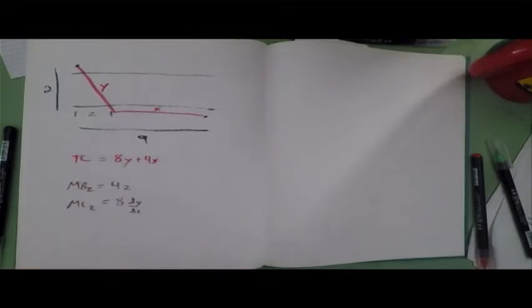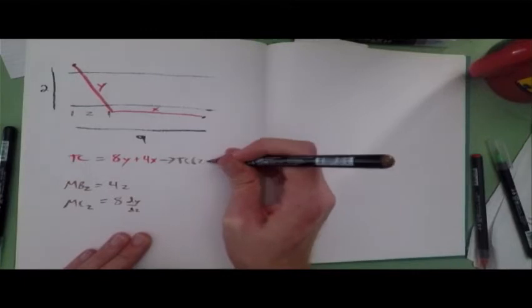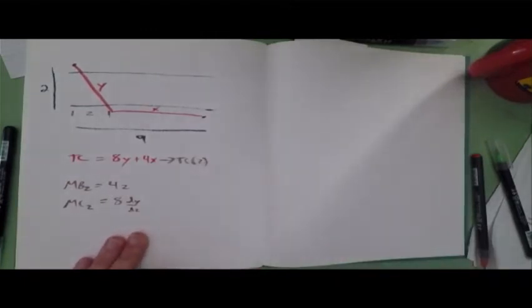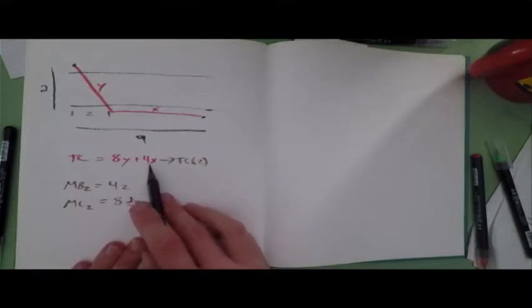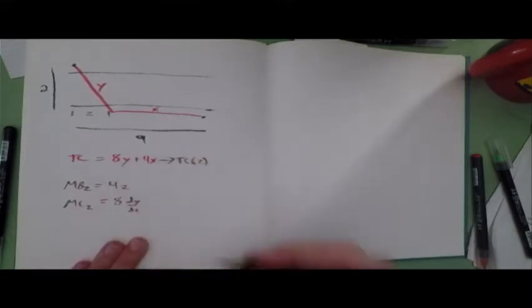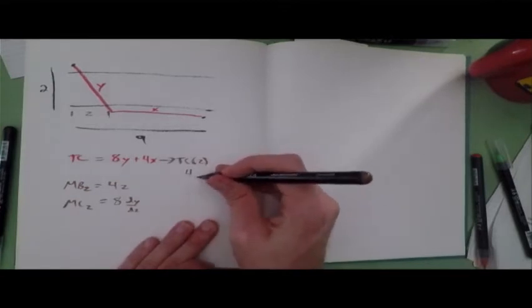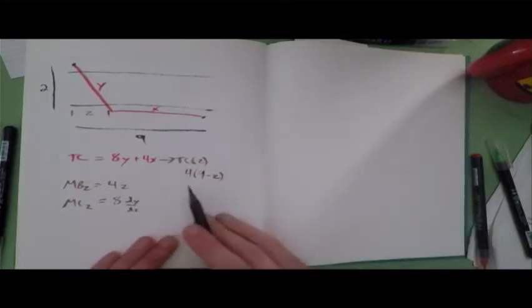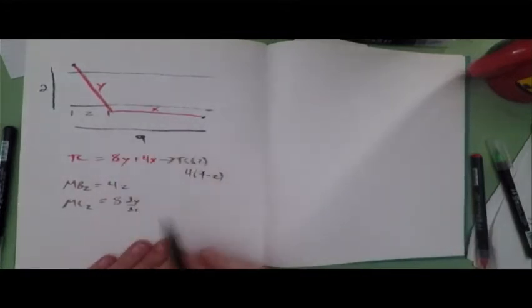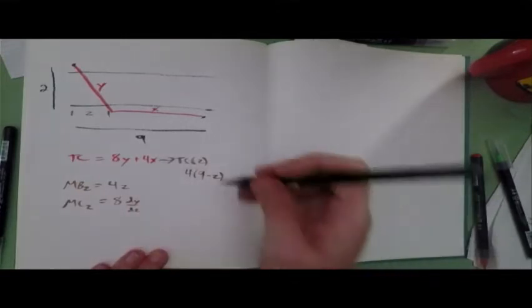We want to think about how we convert total cost into some function of z. Well, this part will be 9 minus z. So part of our total cost is going to be 4 times 9 minus z. That length, which is really just 4 times x, but we're getting rid of the x. We're going to put it all in z terms.